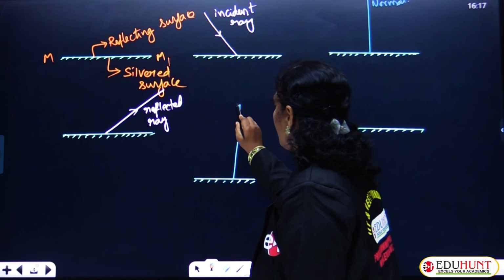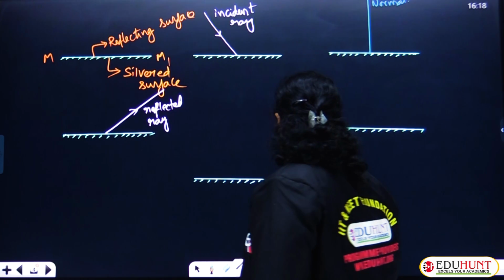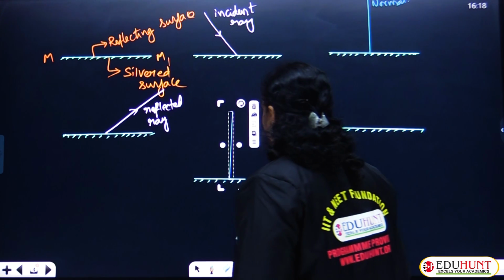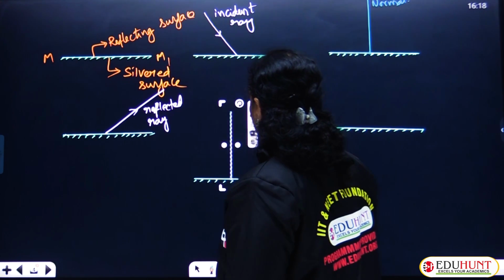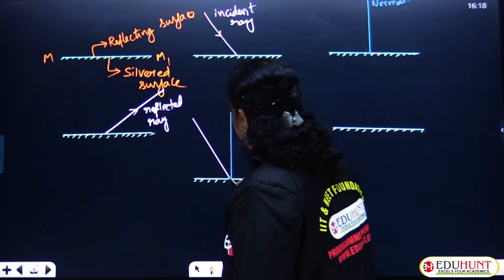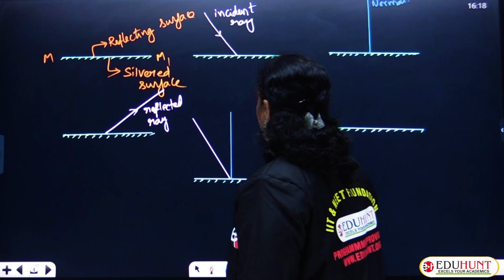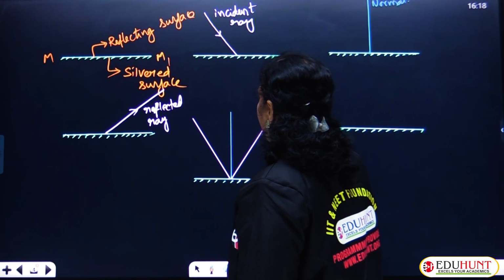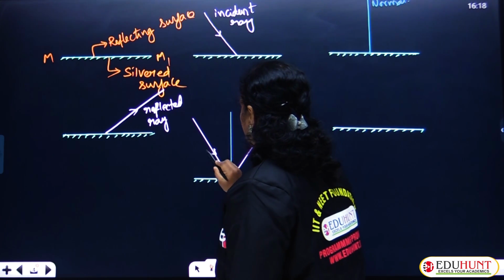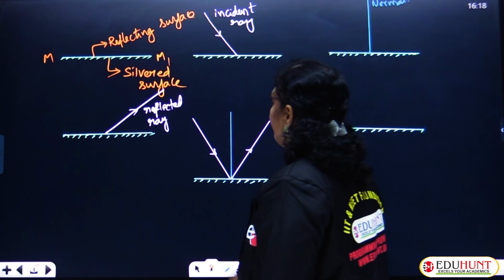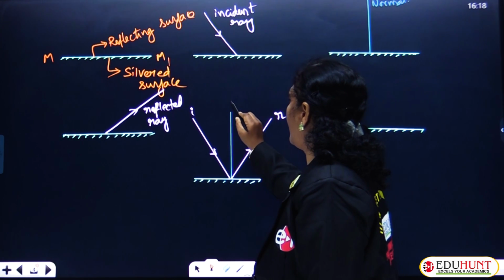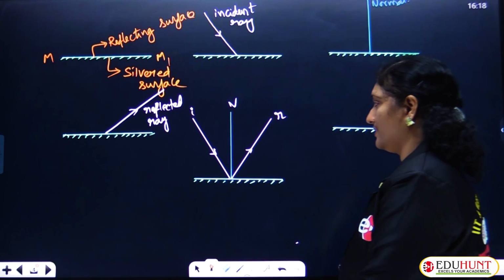This is the normal drawn to the surface, here is your incident ray, and this is your reflected ray. Incident ray, reflected ray, and normal drawn to the surface.